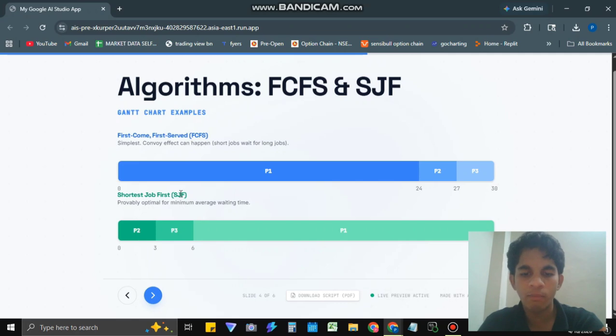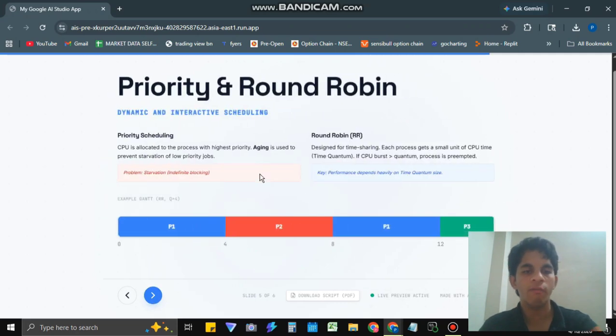If everyone with a 1 minute task goes first, they are all happy and gone quickly, leaving the CPU free for the 500 item task that may last 30 minutes or something like that. So we have different algorithms as well. So moving on to the next slide, what we have is the VIPs or the timers, we can say.